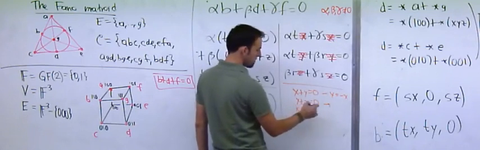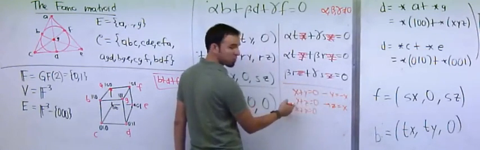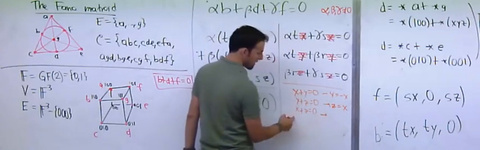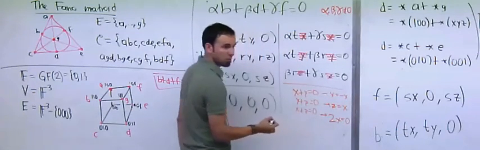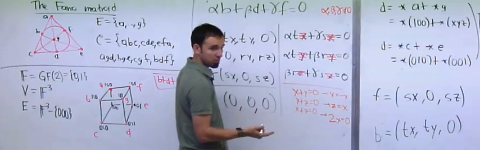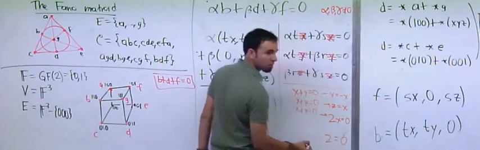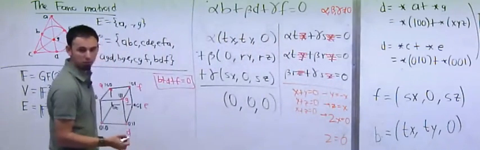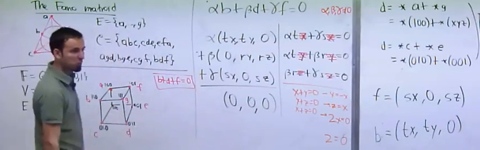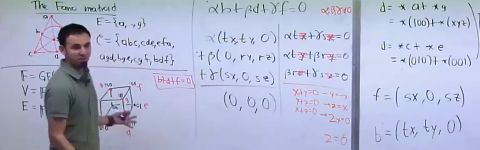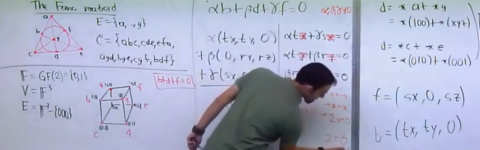This one means z is equal to x, that z is equal to minus y. And then this one says x plus z is 0. It says 2x is 0. But x is not 0. So what you just proved is that 2 is equal to 0. Okay. So the only way that this computation could have worked is if 2 was equal to 0, which never happens except in fields of characteristic 2. And there's my proof.